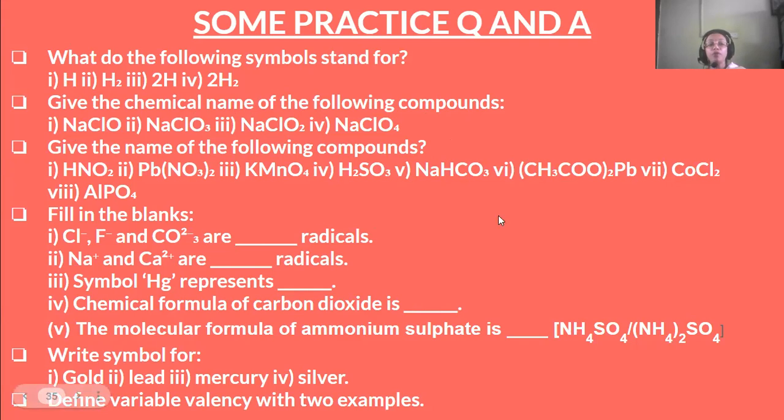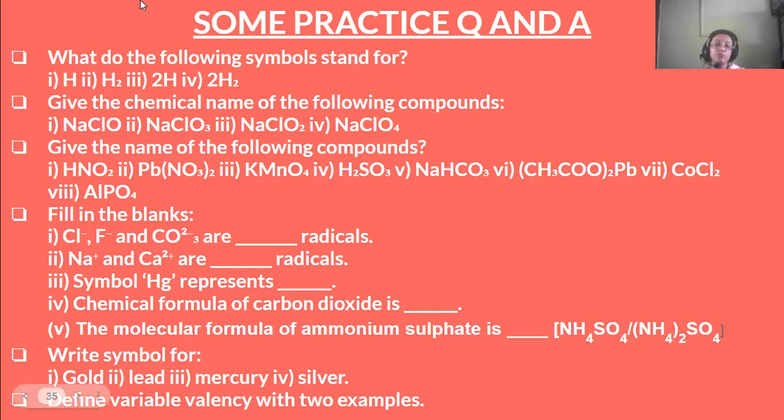Give the name of the following compounds: HNO2, Pb(NO3)2, KMnO4, H2SO3, NaHCO3, (CH3COO)2Pb, then CoCl2, then AlPO4.